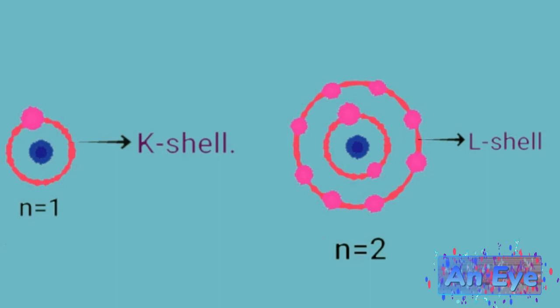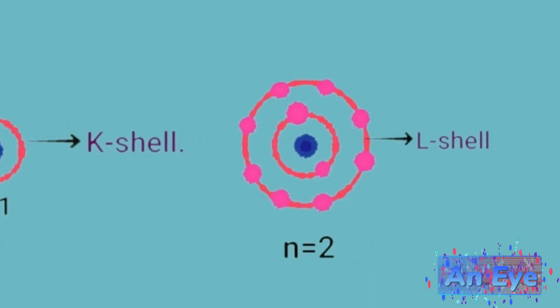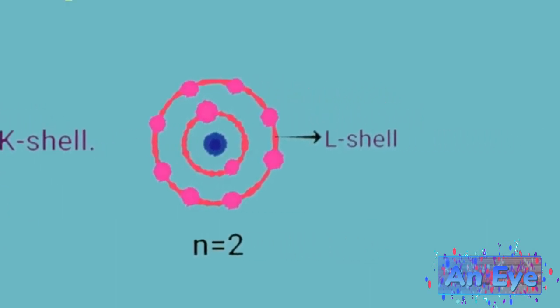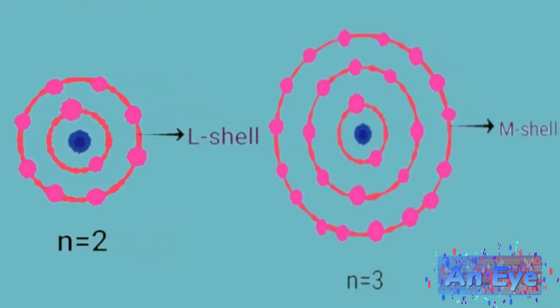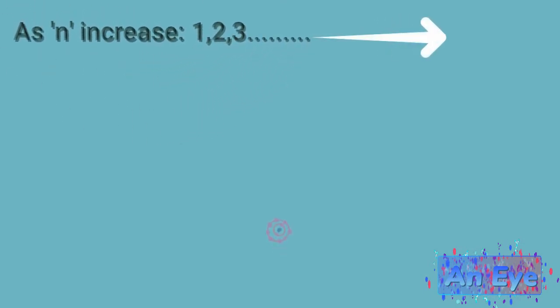Similarly, an electron present in second orbital, or L shell, will have a lower amount of energy compared to the electron that is present in third orbital, or M shell. Bohr also stated that, as the value of n increases, the farther the electron will be from the nucleus, the larger the size of the orbit will be, and therefore the atom of that particular element will be larger in size.